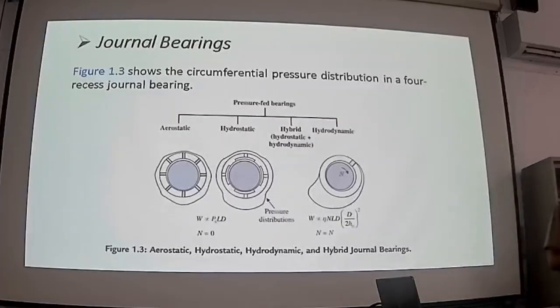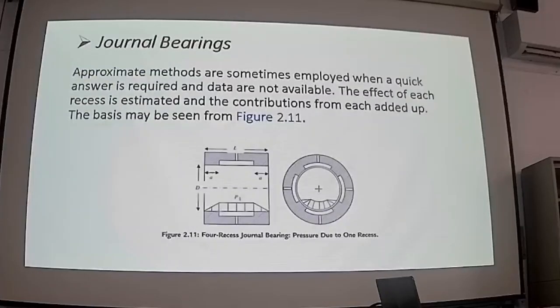So for the hydrostatic or aerostatic variance, you can only consider the hydrostatic variance. You don't need to consider the hybrid variance in most of the cases. Okay? So this is the journal bearing.